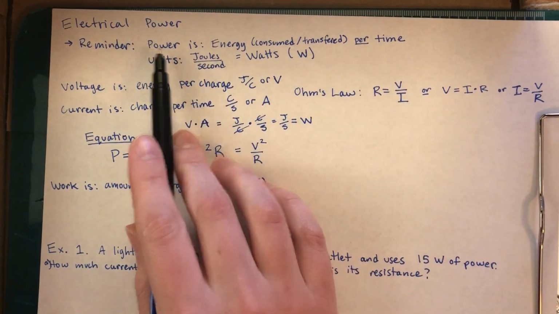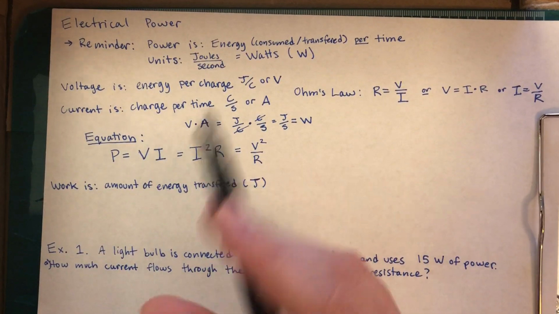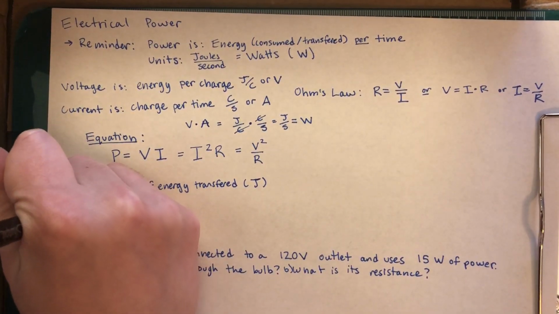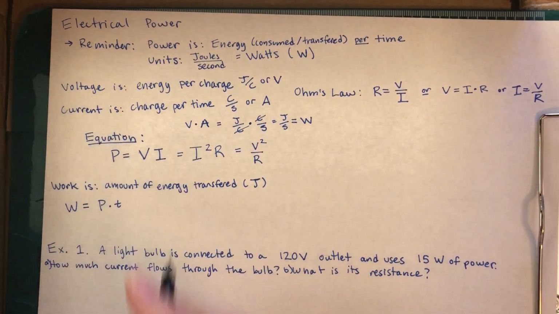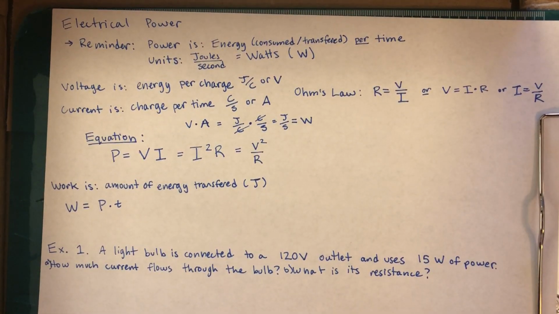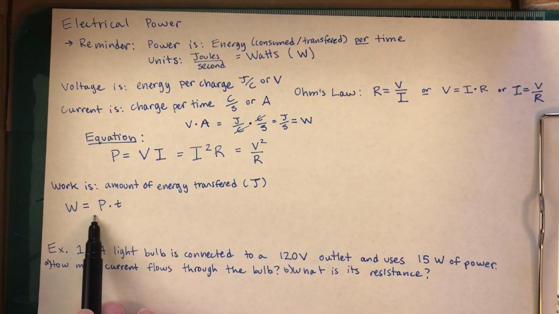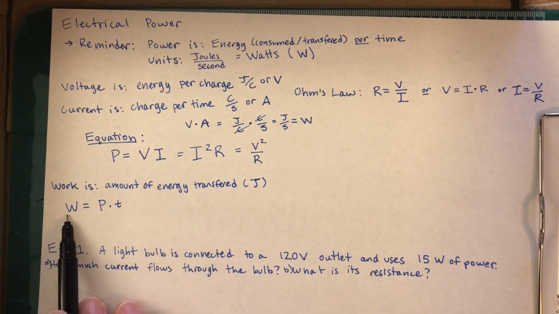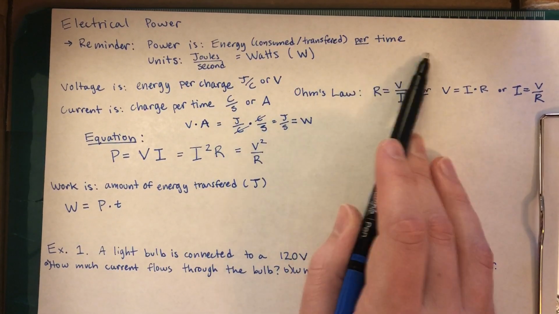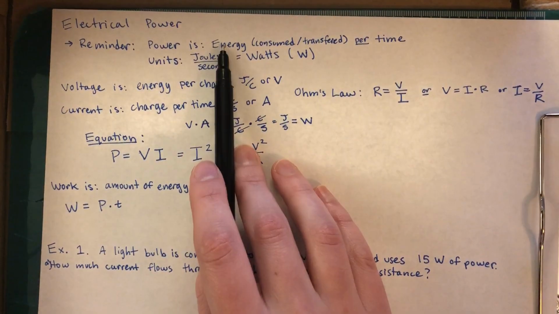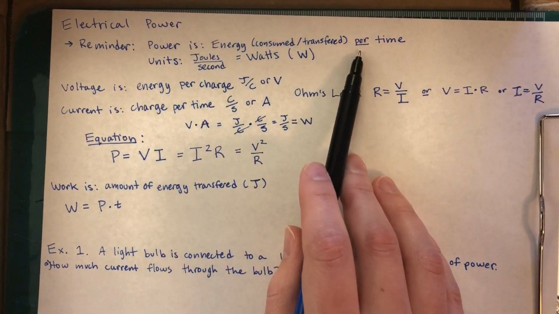So you could do power equals the work divided by the time. Or another way to write this is that the work equals power times the time. If you make $12 per hour, then to find how much money you made, you need to multiply by hours. If we're consuming 20 joules per second, we need to multiply by seconds to find the amount of energy. Same idea. Per basically means that we need to multiply by that. So to find the energy, we take the power, we multiply by the time.